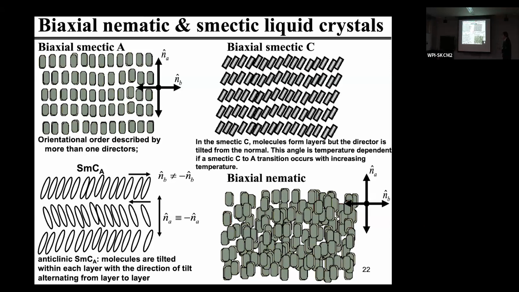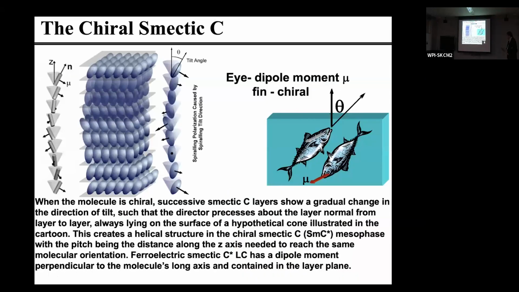We could also have the anticlinic version of it, SmCA, where the tilting direction is alternating from layer to layer, right? And again, in this case, it's a biaxial system because we can define these different directions of tilt in addition to normals to the layers and molecular directions, average molecular directions.